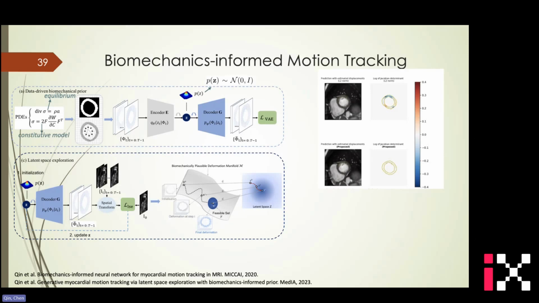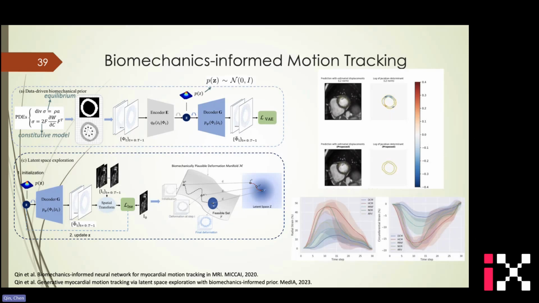An example showing this is the images that we have shown here. It can better capture the tissue incompressibility of the myocardium. And here we show the strain of the heart calculated from the deformation.